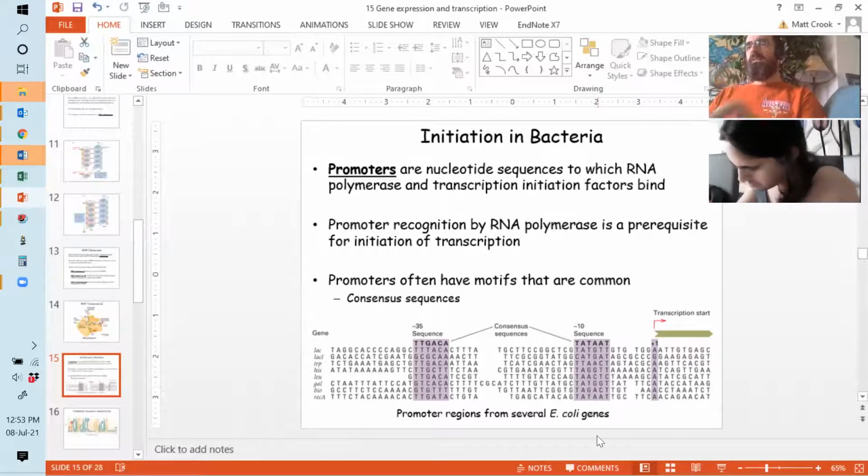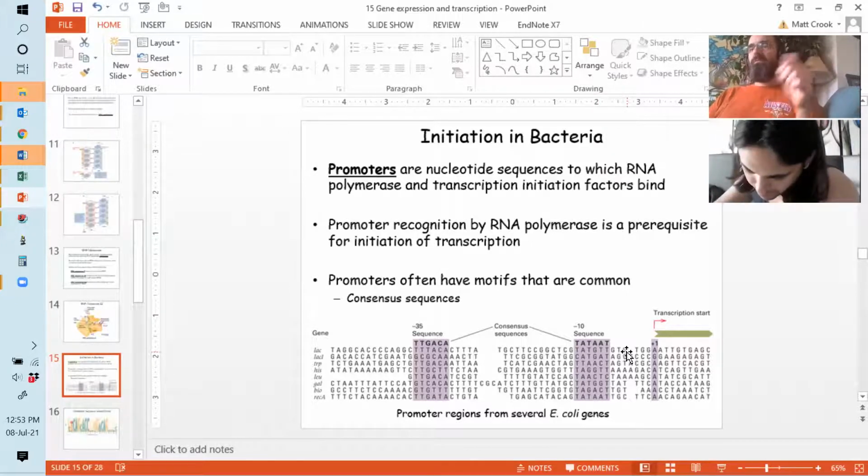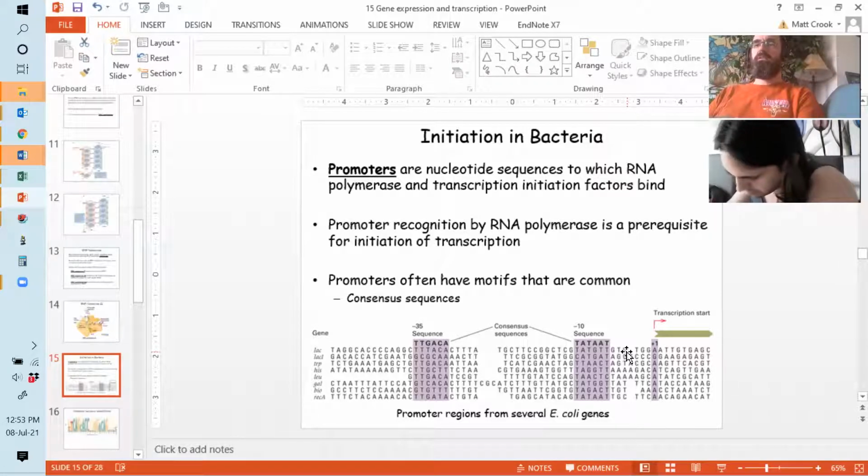And the spacing is approximately -10 and -35, minus meaning upstream, prior to the transcription start site. If you look through these, you'll see that they don't all match. This one down here, the recombinase gene, matches perfectly.